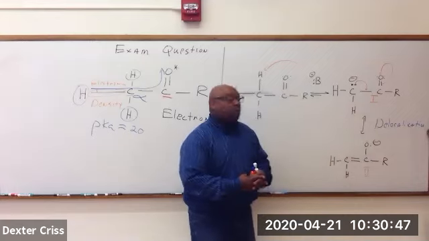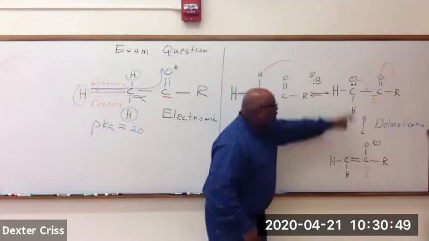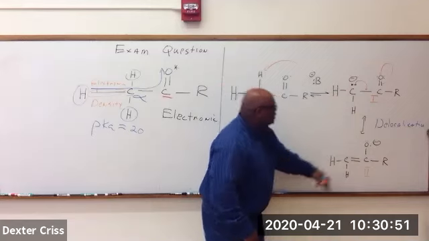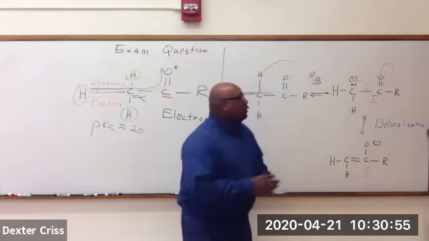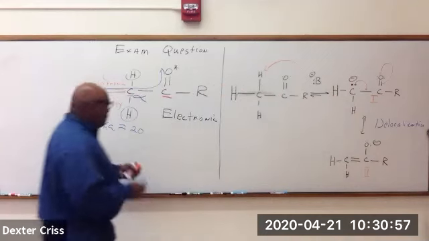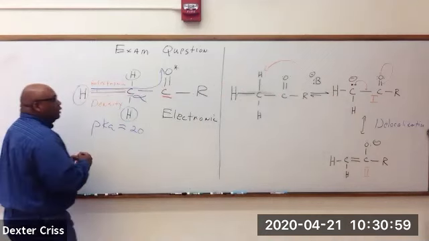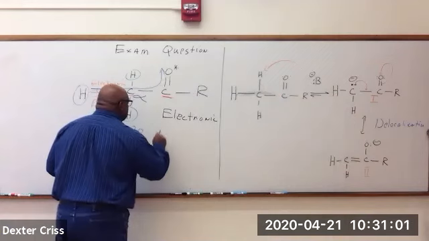It makes it more stable by delocalization of the electrons as well as delocalization of the charge. And anytime you can do that, that brings about stabilization. So the other one, of course, is resonance.